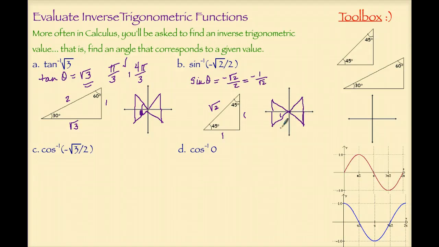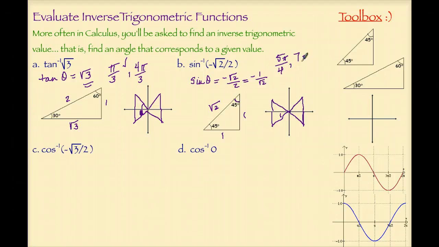So sine is negative in the third and the fourth quadrants. Therefore, we need the 45-degree angle that is showing up in the third and fourth quadrants. So pi over 4, 2 pi over 4, 3 pi over 4, 4 pi over 4, 5 pi over 4 in the third quadrant, 6 pi over 4, 7 pi over 4 in the fourth quadrant. So these are the two answers to this question.